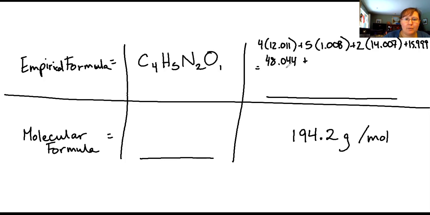So I get 48.044 for the carbons and 5.04 for the hydrogens and 28.014 for my nitrogens, and then my oxygen is still 15.999. And I add them all up.